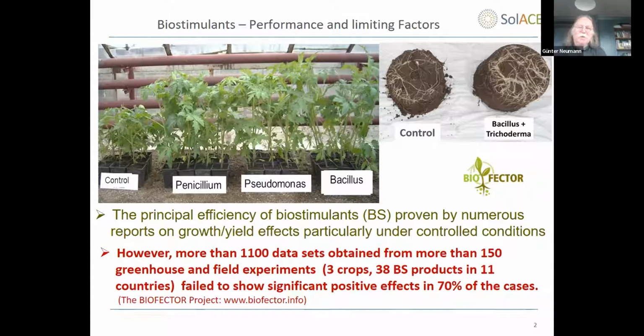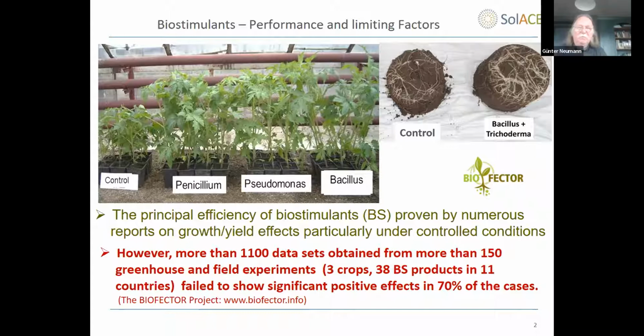In this project, we conducted more than 150 greenhouse and field trials with 3 crops and 38 biostimulant products, other products on the market and also new developments in 11 countries. And very similar to the outcome of SolACE, the final positive results were quite variable, and we saw significant effects in only 30% of the cases.